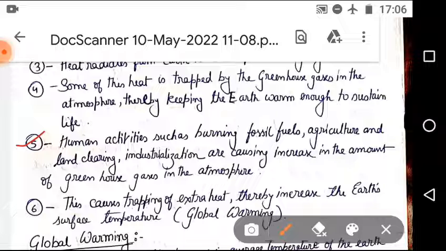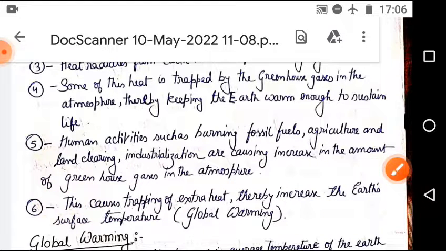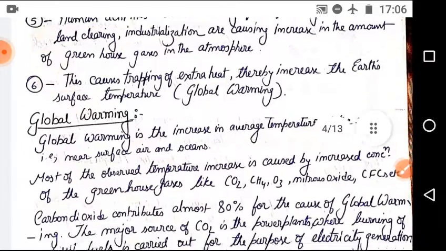Then industrialization. These are the main factors that increase the amount of greenhouse gas in the atmosphere. And number 6 is saying that this causes trapping of extra heat, thereby increasing the earth's surface temperature, what we call global warming.